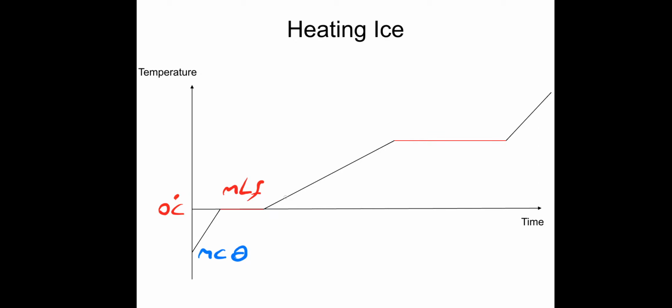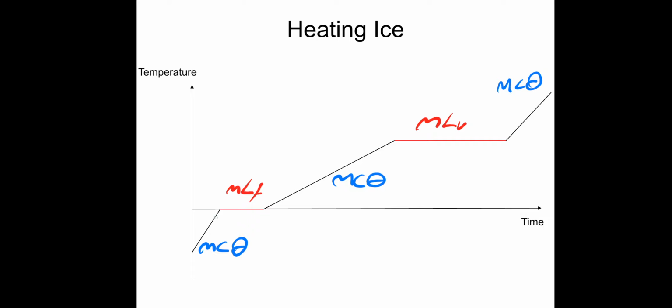The next part, change in temperature, is again described by mc theta. Apologies, I knocked them off by accident. I've drawn them back in. This bit is a phase change, so that is the mass times the latent heat of vaporization this time. And then this bit with the change in temperature, yet again, is mc theta.